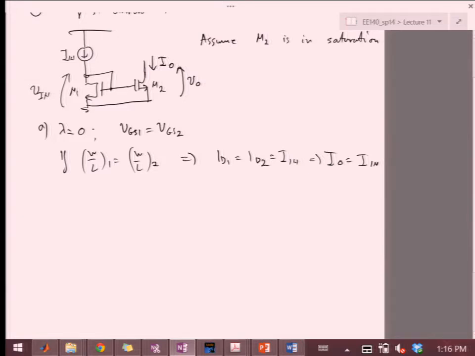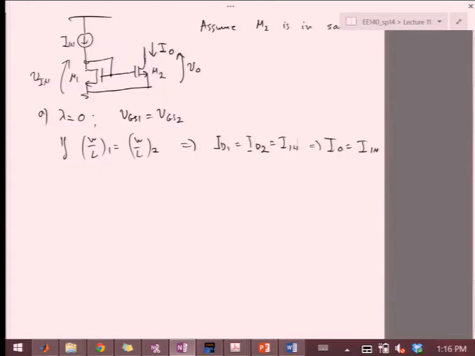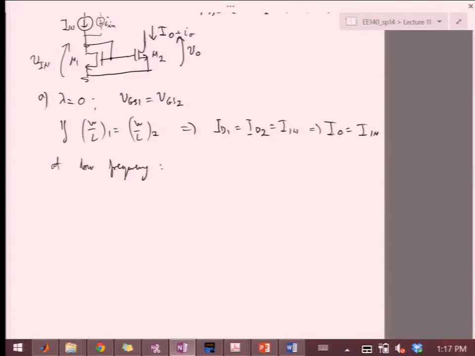I'm showing DC currents here. At low frequency you will have the same thing. I can add a small signal and say there is a small signal output current, and again at low frequency, for small signals, my I out will be equal to I in.